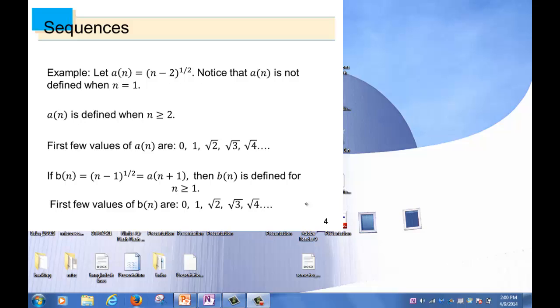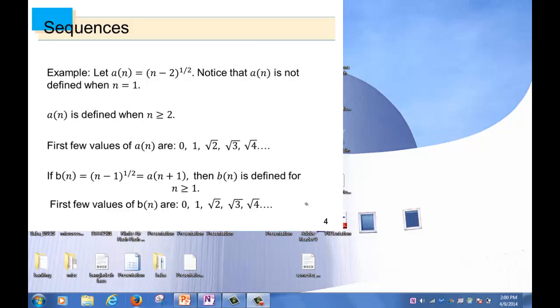But the formula for a of n is defined for any positive integer n larger or equal to 2, right?